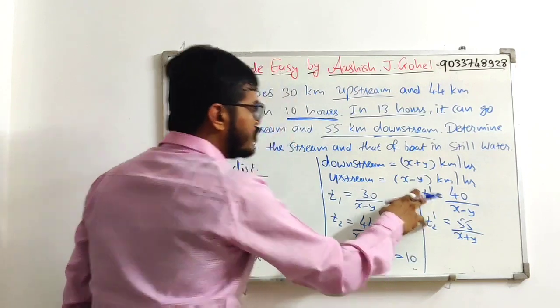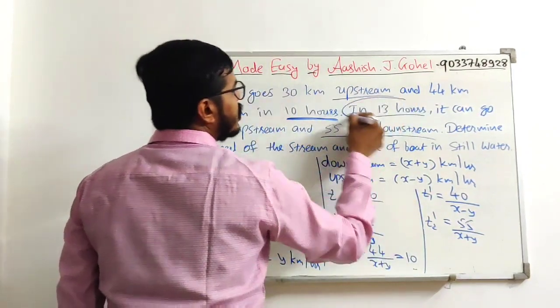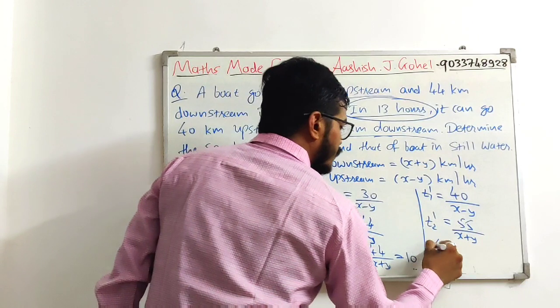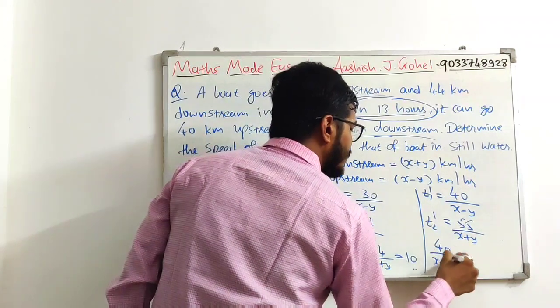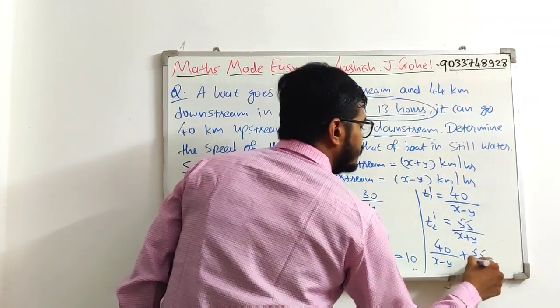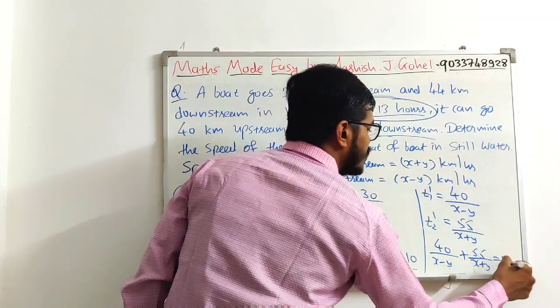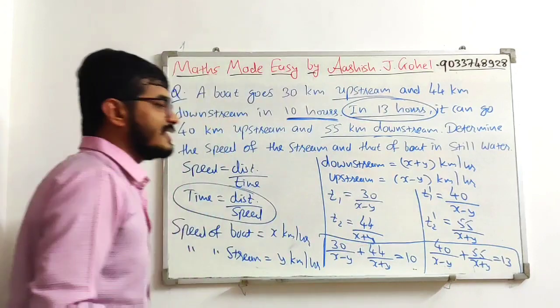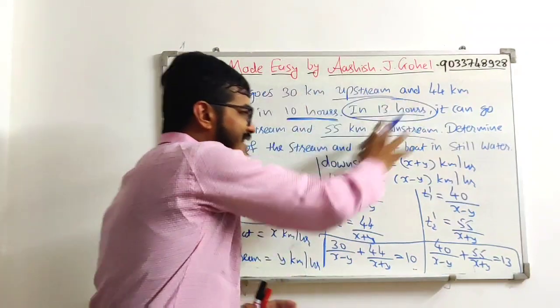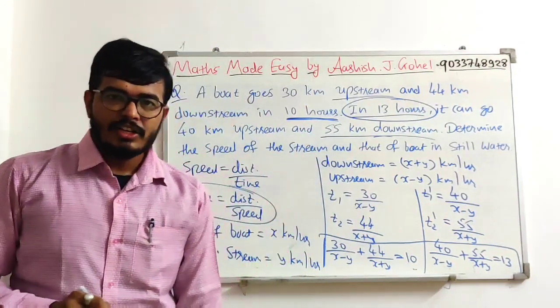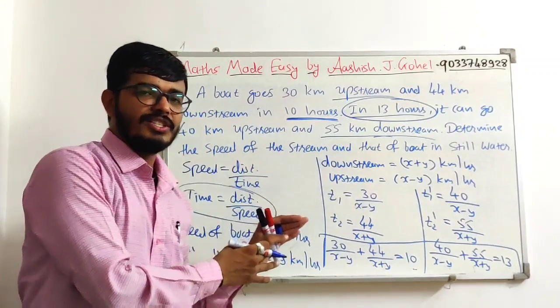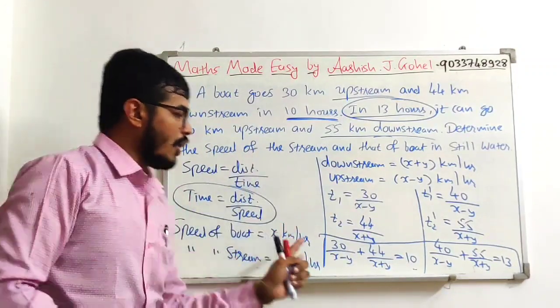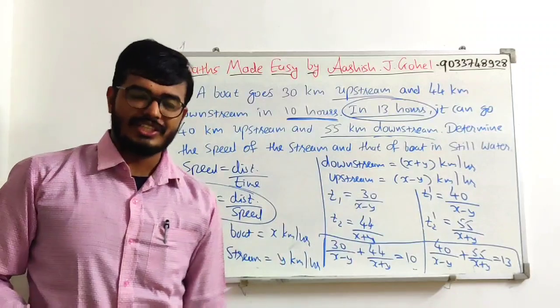And the sum of these two times will be equal to 13 hours. So 40 divided by x minus y plus 55 divided by x plus y is equal to 13. And these are your two equations that we get from the given data. Okay. So all of you write down this first and then we will solve these two equations.